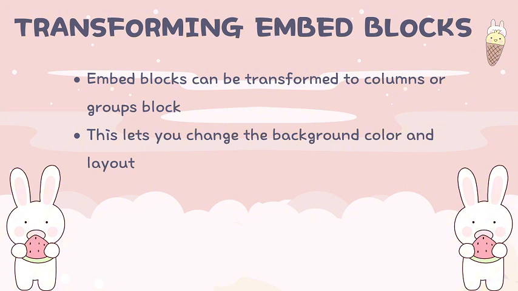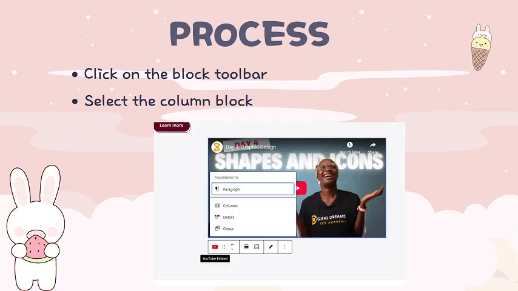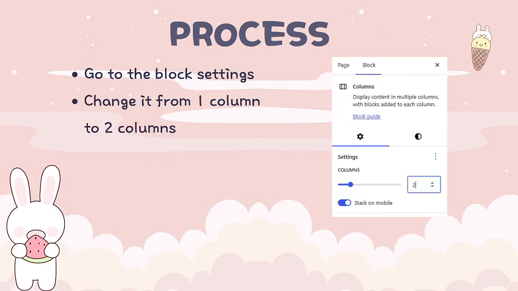Next thing we'll learn is transforming embed blocks. So embed blocks can be transformed to columns or groups block. This lets you change the background color and layout. So you could just transform your block to columns or groups depending on whatever you want. So the process, you click on the block toolbar, you select the column block, then you go to the block settings.